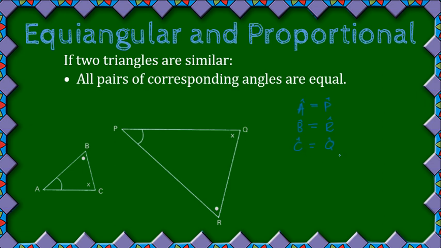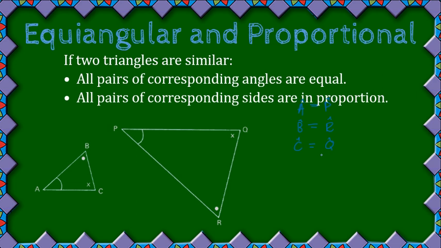The second thing we know is that all pairs of corresponding sides are in proportion. What that means is, if I take AB over, well, A to B, so A is equal to P and B is equal to R, that would be PR.